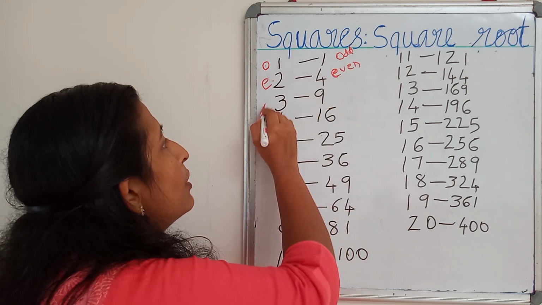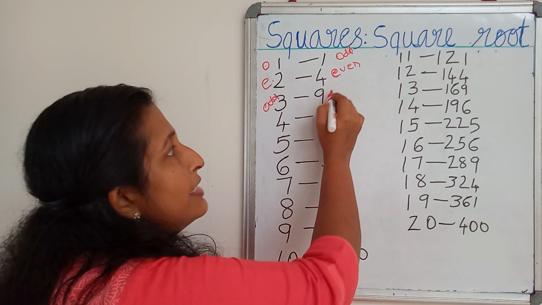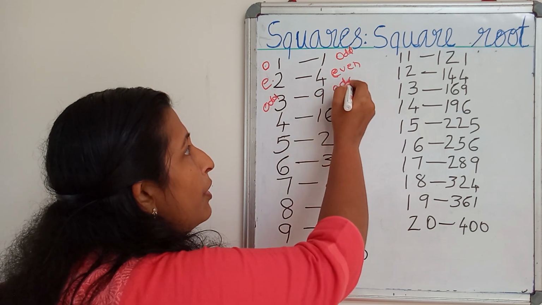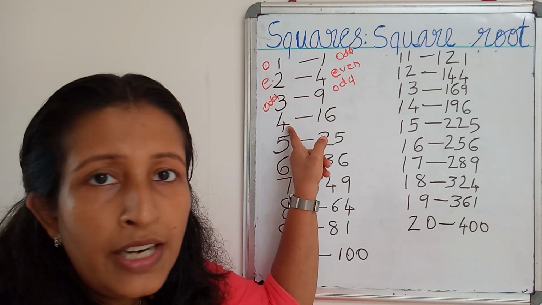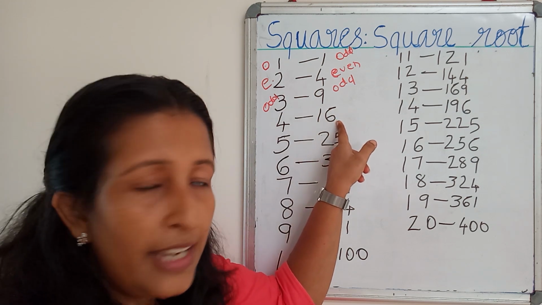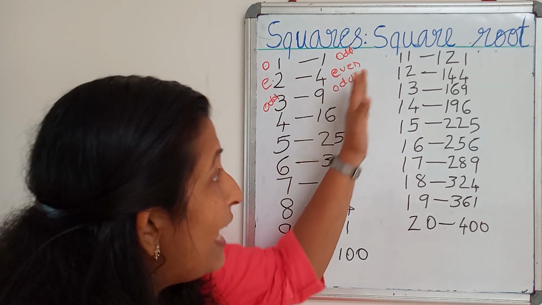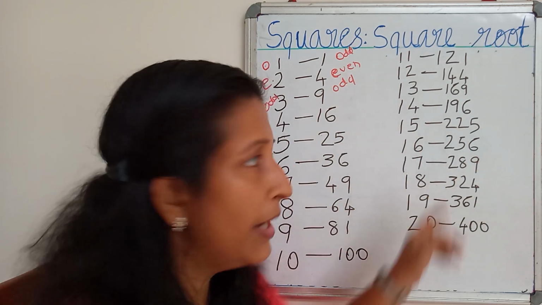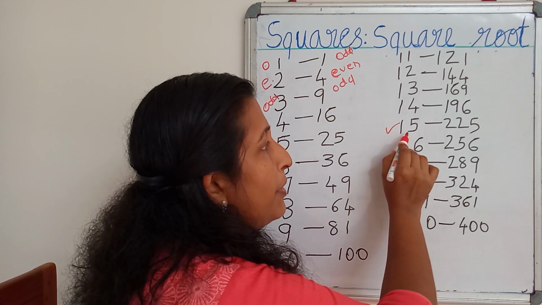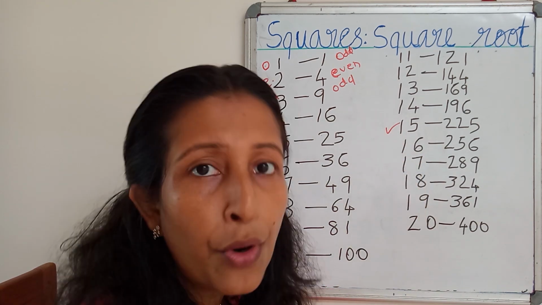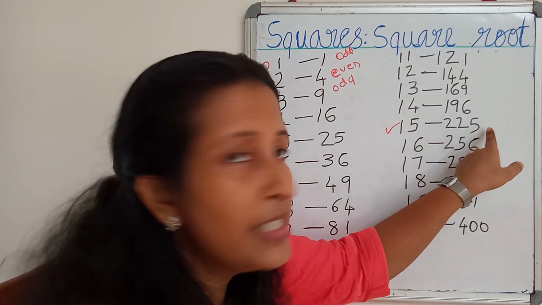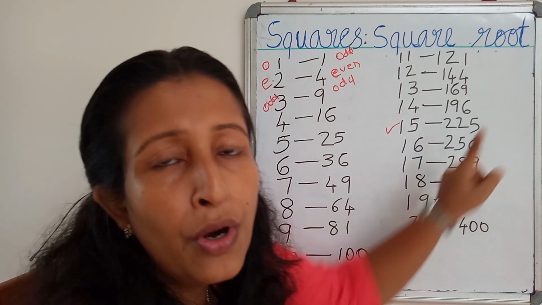This number is odd and its square is odd. This number is even, square is also even. Next number is odd, square is odd. If you are checking any number, see, if I am selecting the number 15, what is this number? It's an odd number. 225 is its square and it is also odd.